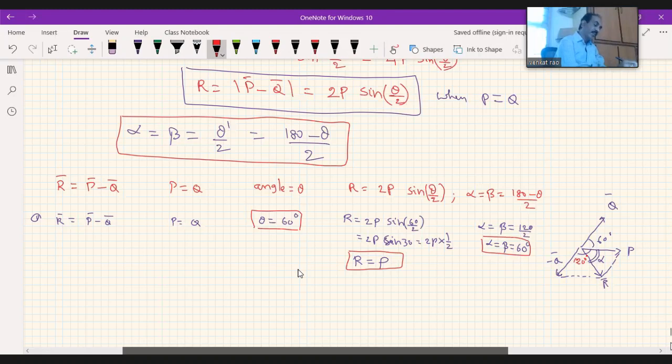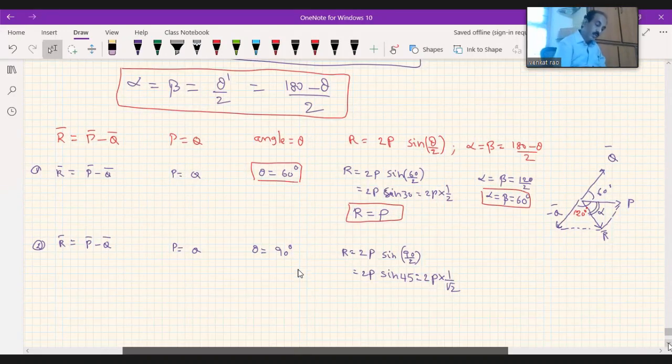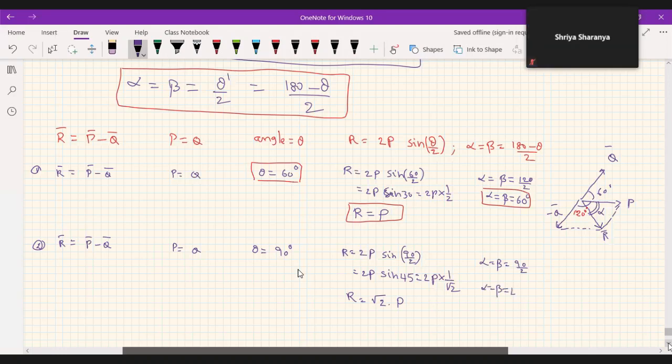Now the second case you can write. Theta 90 degrees, R equal to 2P sin 90 by 2, 2P sin 45, 2P into 1 by root 2, R equal to root 2P, alpha equal to beta equal to 90 by 2, 45 degrees.